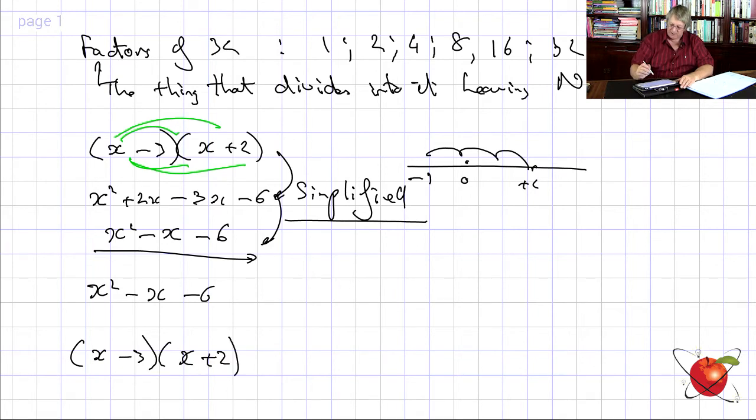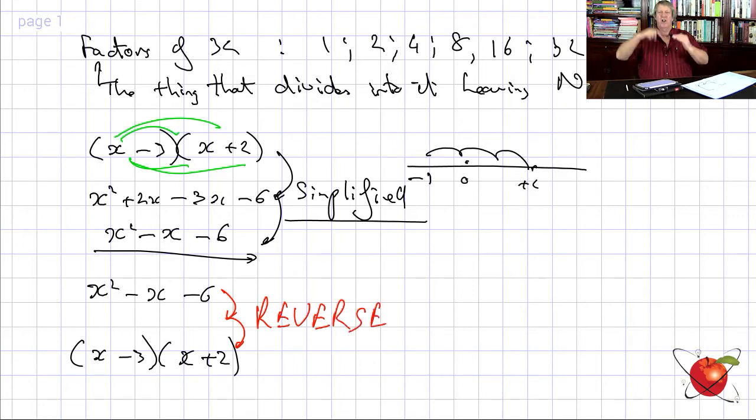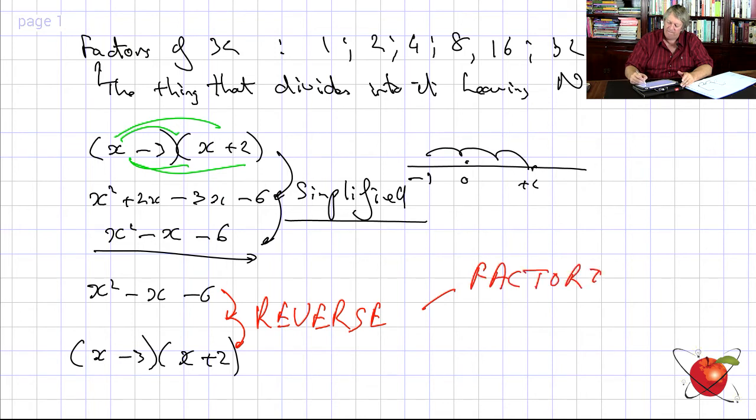In other words, ladies and gentlemen, what is the reverse process of multiplying out? The reverse process of multiplying out is called factorizing. Factorizing is the reverse process of multiplying out. Let's just keep that as a definition.